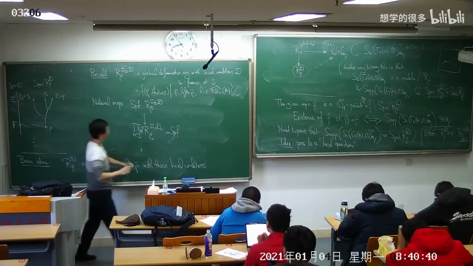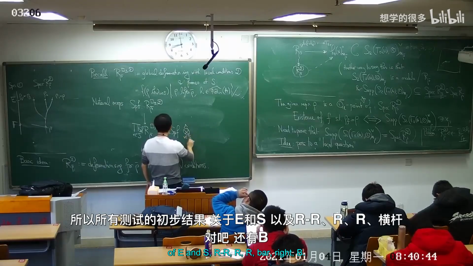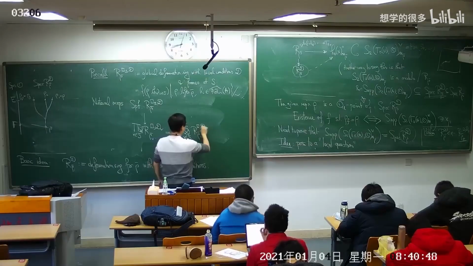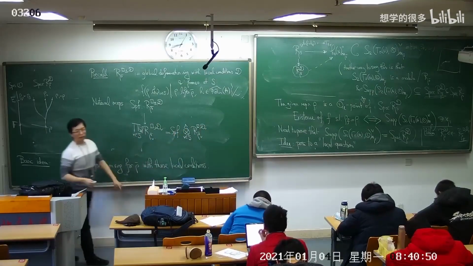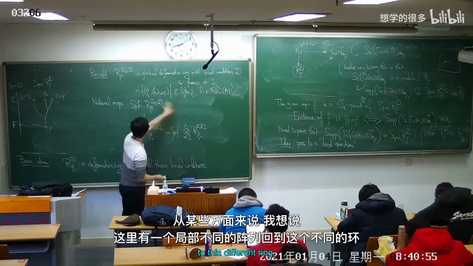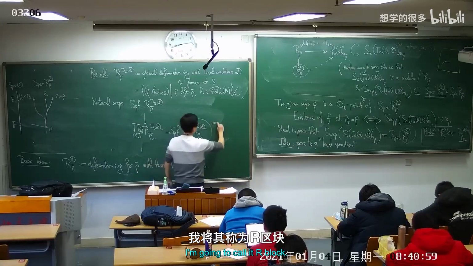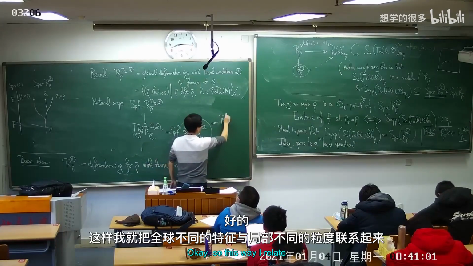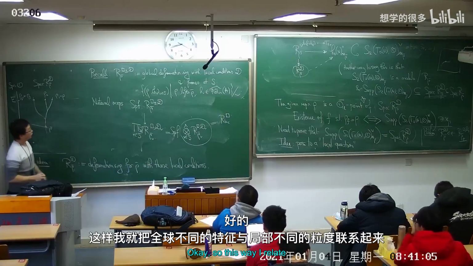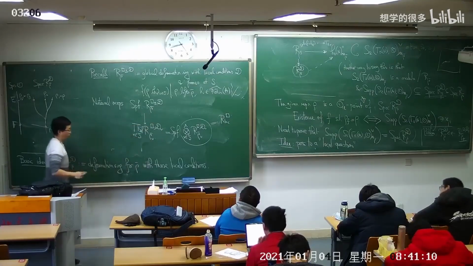So the Spec of all the tensors over v in S of R rho bar v. In terms of this, there's a local deformation ring mapping to these. This deformation ring I'm going to call R loc. Okay, so this way I relate the global deformation ring with the local deformation rings.